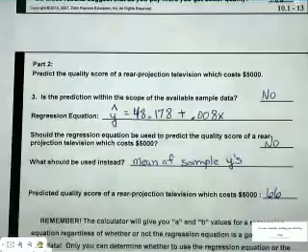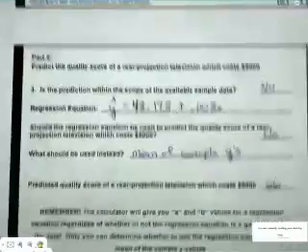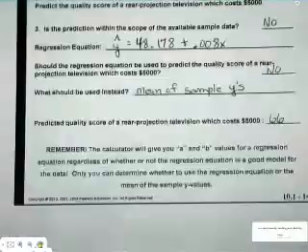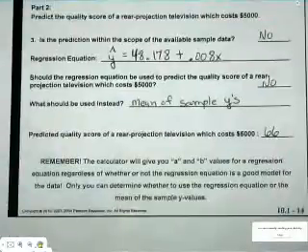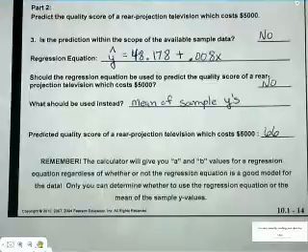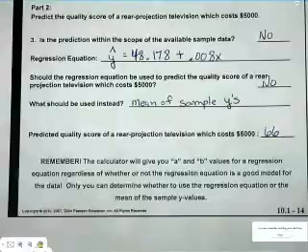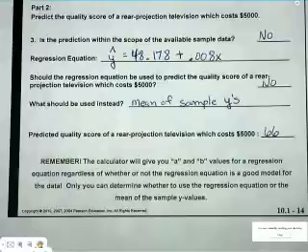Now, the most common reason that people miss these predictions in 10.3 is because they get a regression equation and they use it every single time, regardless of whether it's good or not. Your calculator will give you the A and the B for that regression equation, but it can't tell you use it or don't use it.